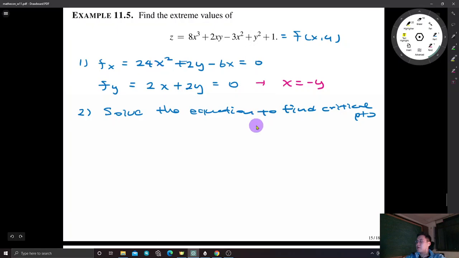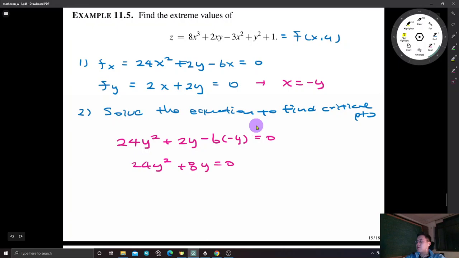Then 24x squared becomes 24y squared, plus 2y, and minus 6 times negative y. Rearranging the left-hand side, 24y squared plus 8y equals 0.